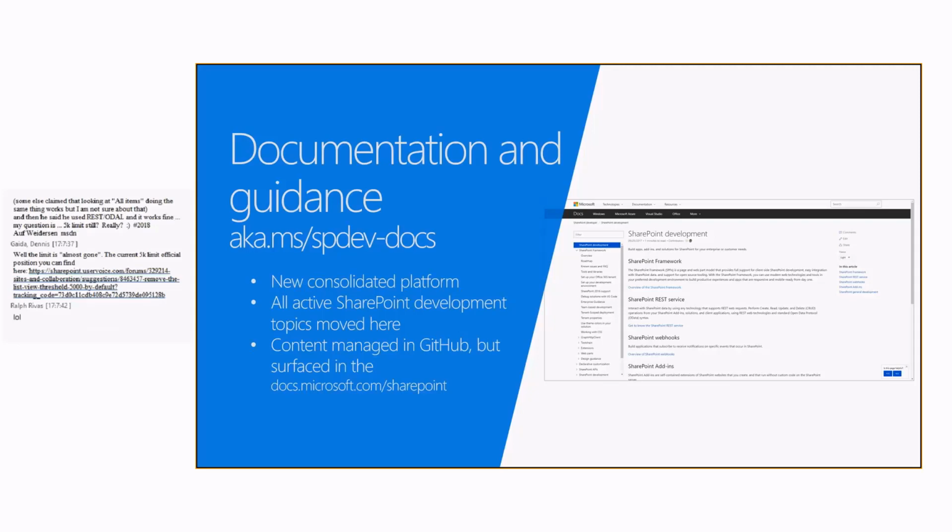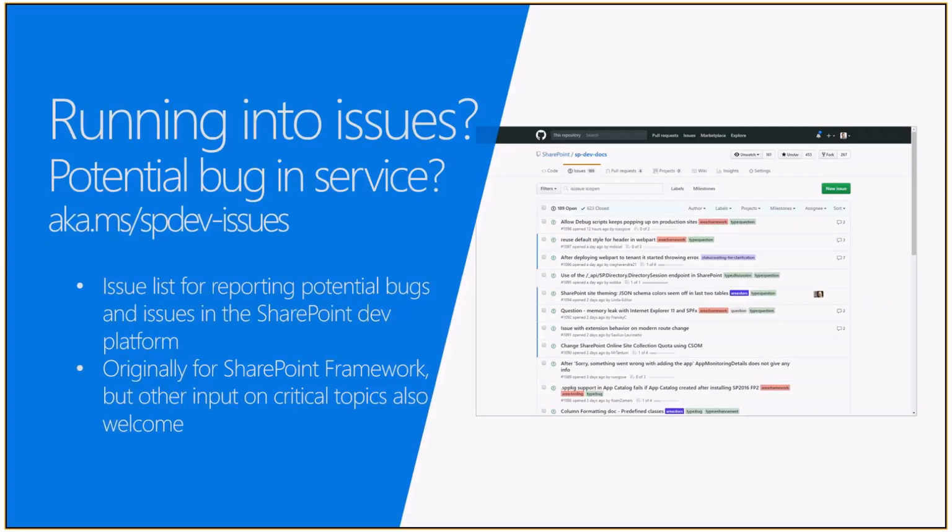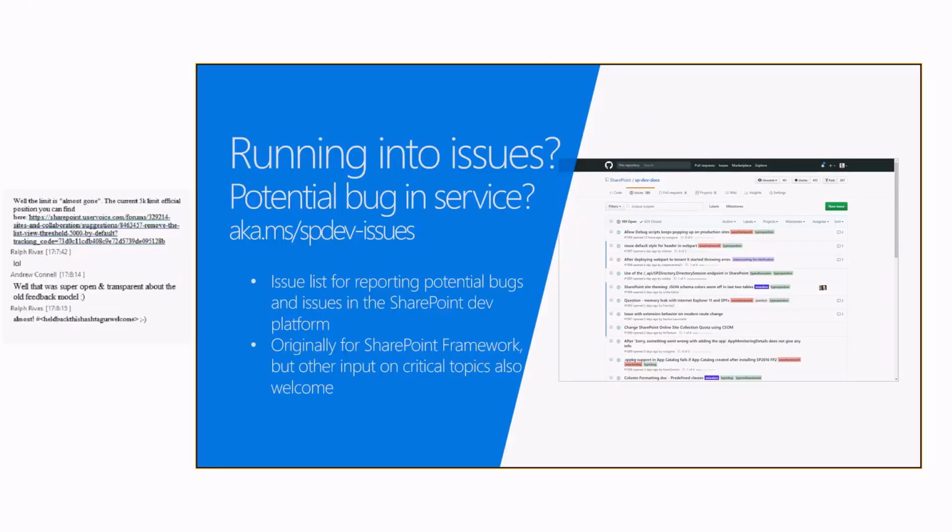Now, the second thing related to that one, but also related to SharePoint Dev in general, is our issue list. We absolutely understand there might have been people in this call who have called our SharePoint Online support, as an example, and tried to report that there's an issue with this API, it doesn't work like it should, or with the SharePoint Framework, you changed something, Microsoft, it's not working properly.